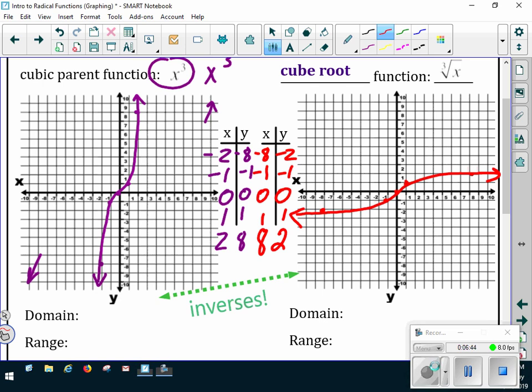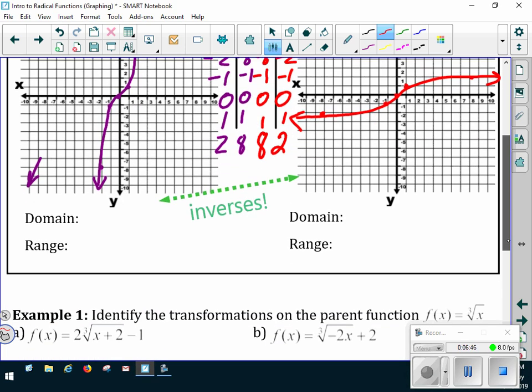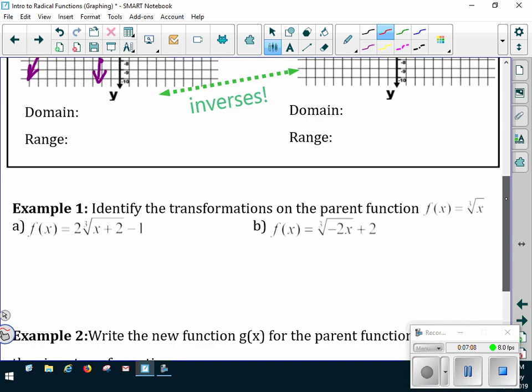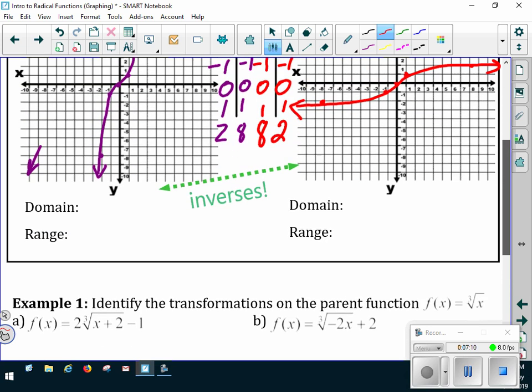Okay. Let's talk about the domain and range of each of those functions. Look at x cubed. So look at the one on the left. Domain. And by the way, you guys are getting so much better at domain. I will say on one of the homeworks, and it was Danny's, I loved what she did on some of the graphing when she had to do domain and range.